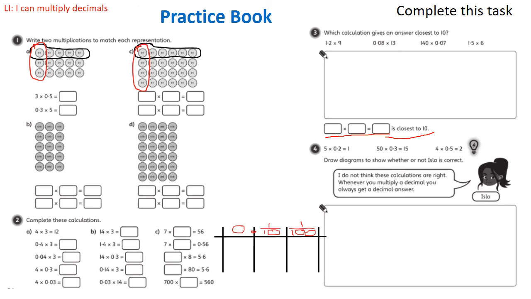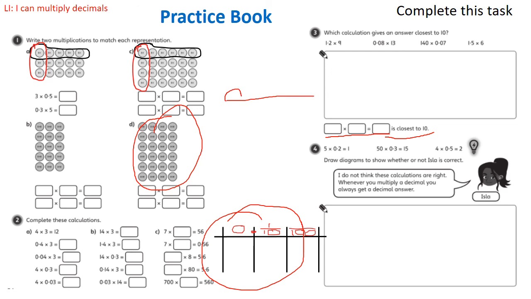Now, this is asking you to do diagrams. So you're having to prove whether or not Isla is correct. So by diagrams, you could use a place value grid like this. You could use counters like this. You could draw a number line and show repeated addition.